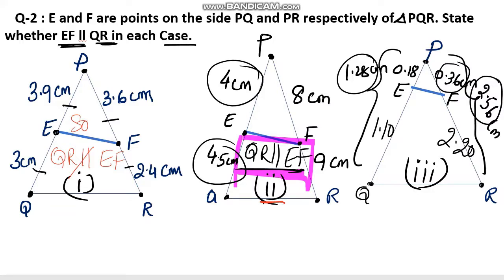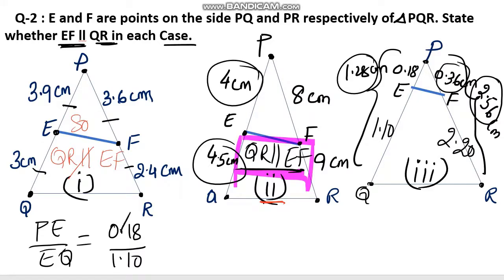Now let us see whether PE by EQ is equal to PF by FR. PE by EQ is 0.18 by 1.10.